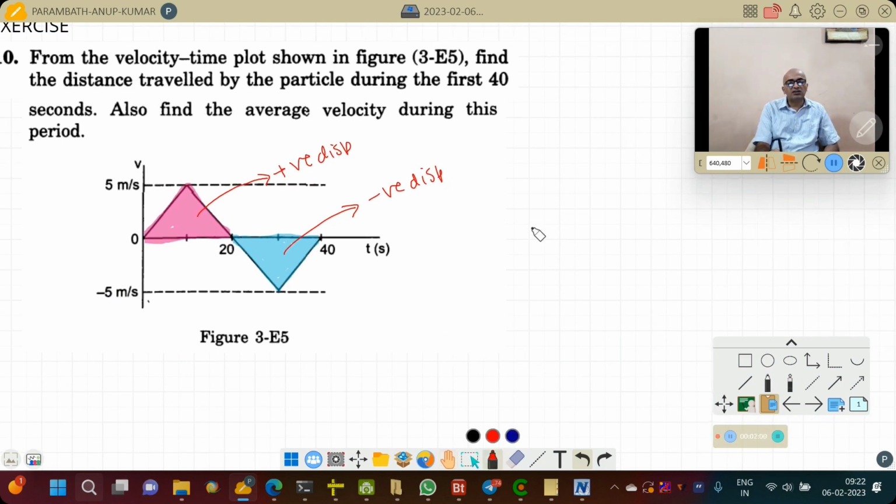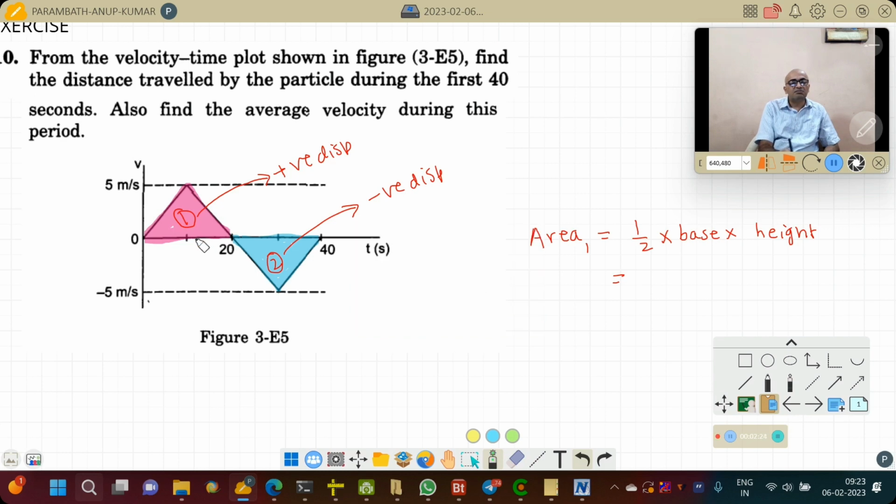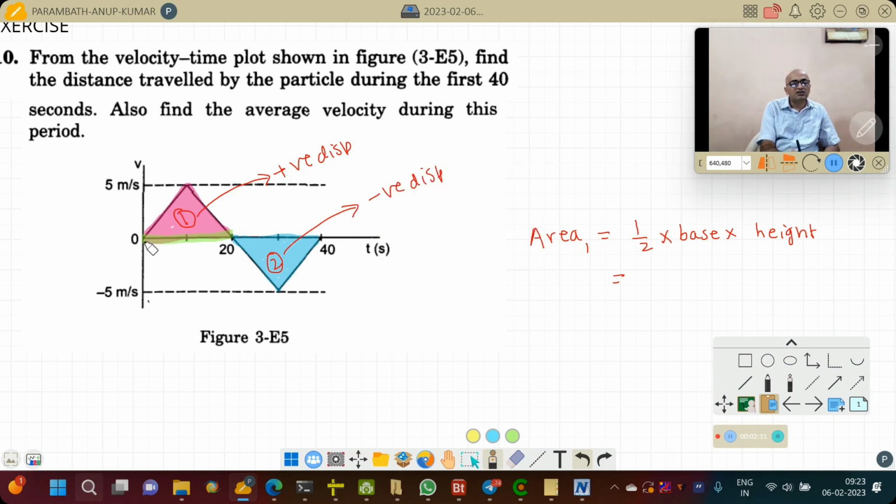To find the distance traveled, we find the area. Let us say this is region 1 and this is region 2. Area 1 will be half base into height. You can very clearly see that the base is only this much, that is 20.